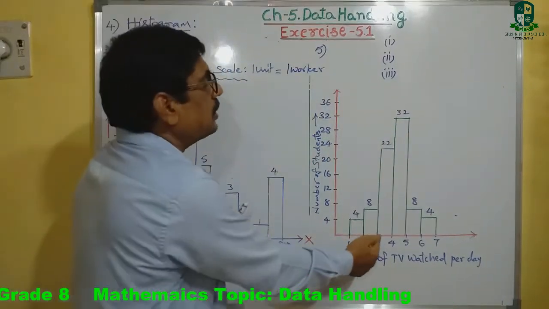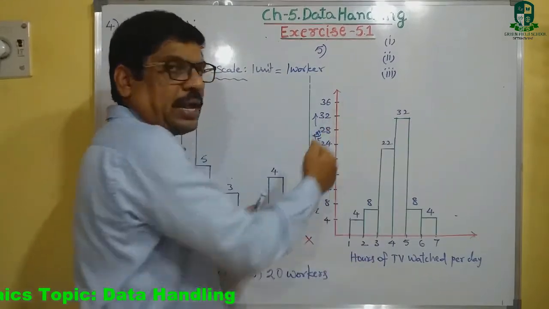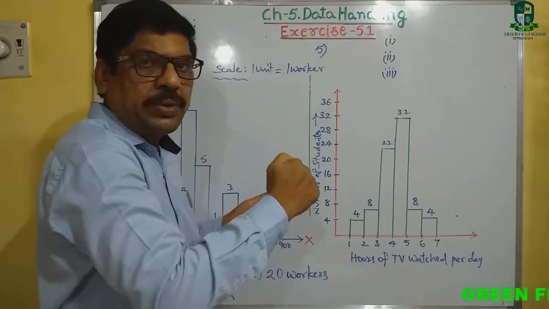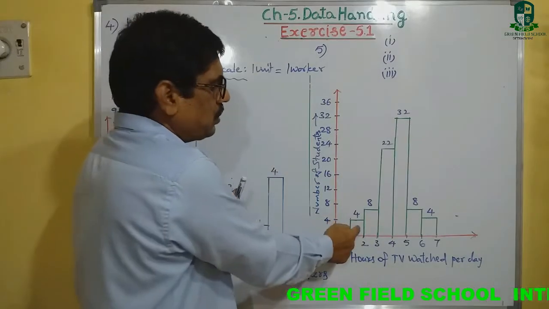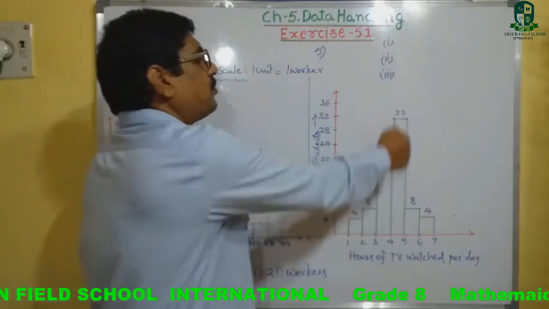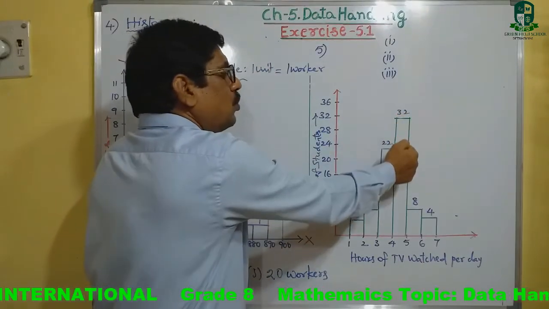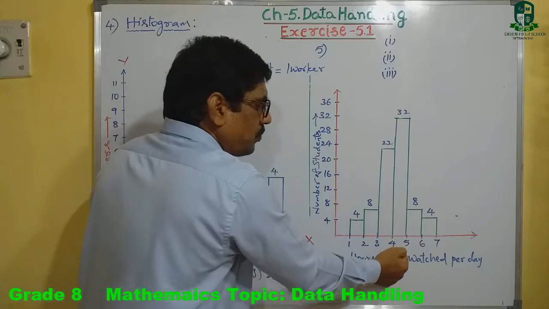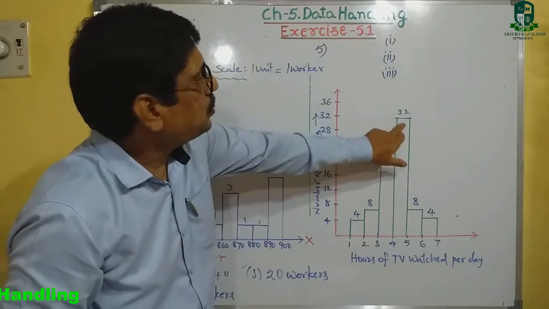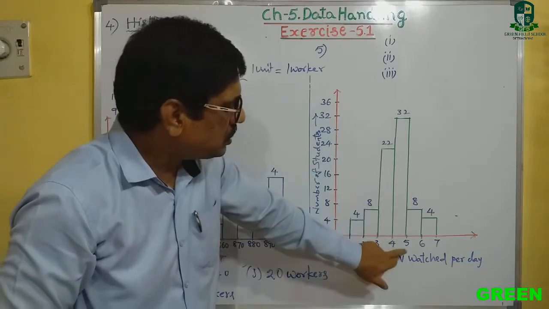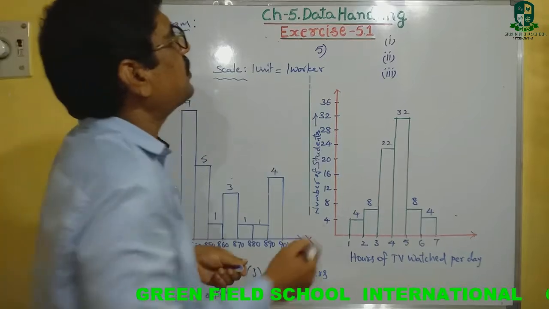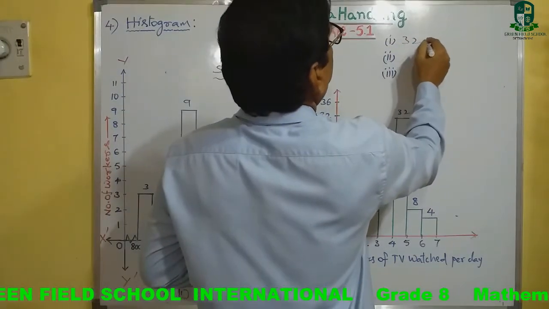By looking at the height of the rectangular bars, we can say in which group the maximum number of students are there. Here 4 students, 8 students, 22 students, 32 students, 8 and 4. The maximum number of students is in this column. So this is showing the hours 4 to 5. So the maximum number of students is 32. Those 32 students are watching the TV in between 4 and 5 hours. So the answer is 32 students.